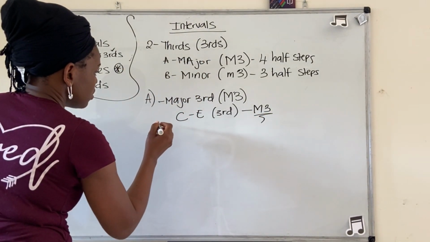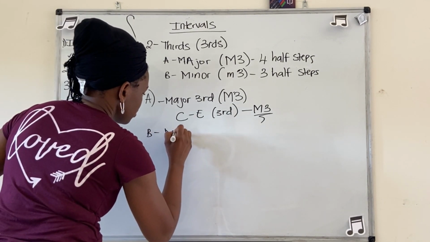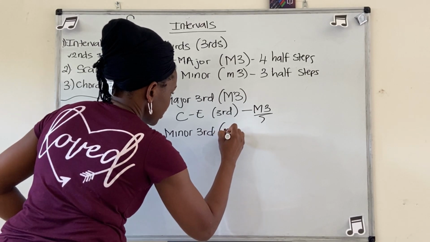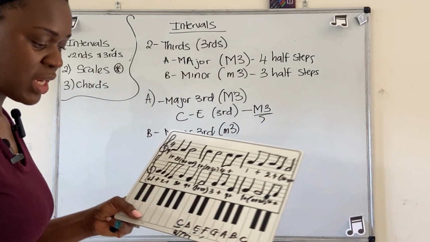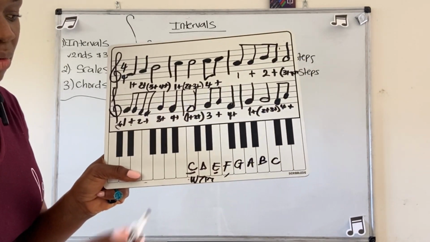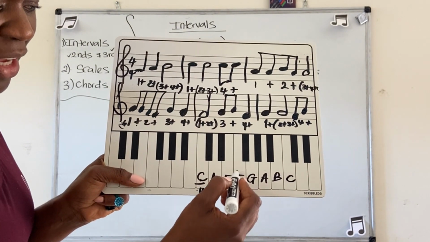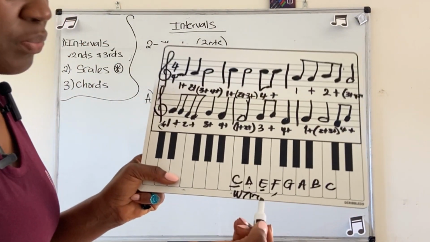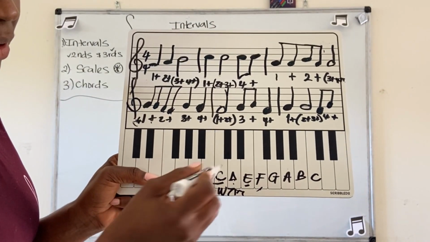For the B, the minor third, or lowercase m3, we can have a minor third. Let's take D. From D to F is a minor, because there's a half step here that will give us the three half steps that we need. D to D sharp is 1/2 step.